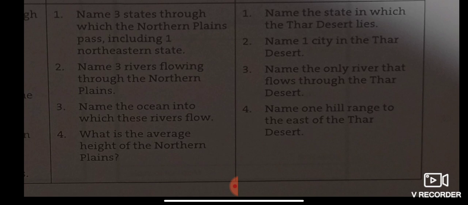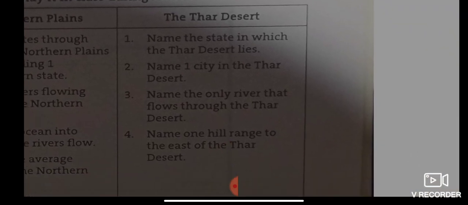Point number four, what is the average height of the northern plains? The Thar Desert: name the state in which the Thar Desert lies. Number two, name one city in the Thar Desert. Point number three, name the only river that flows through the Thar Desert. Point number four, name one hill range to the east of the Thar Desert.